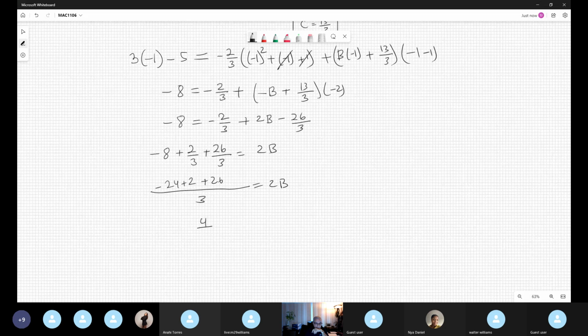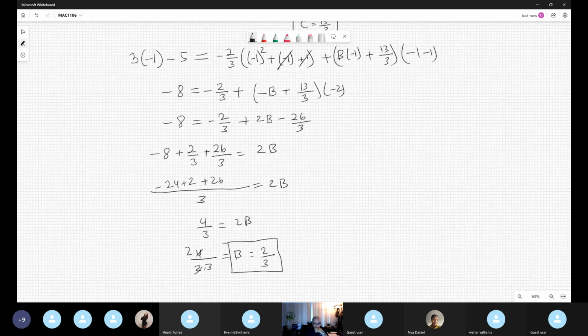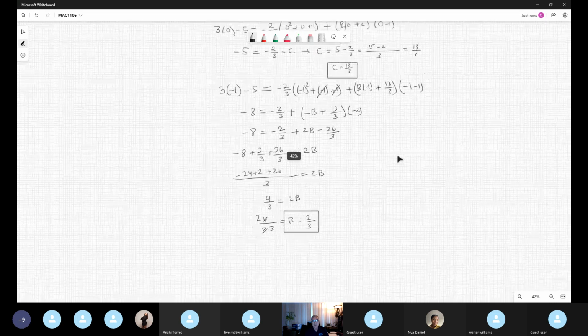It's a 4. Final answer: divide by 2 both sides. 4 over 2 times 3 is equal to B. Reduce, 4 divided by 2 is 2. B is 2/3. Guys, do you understand this arithmetic part very well or no?